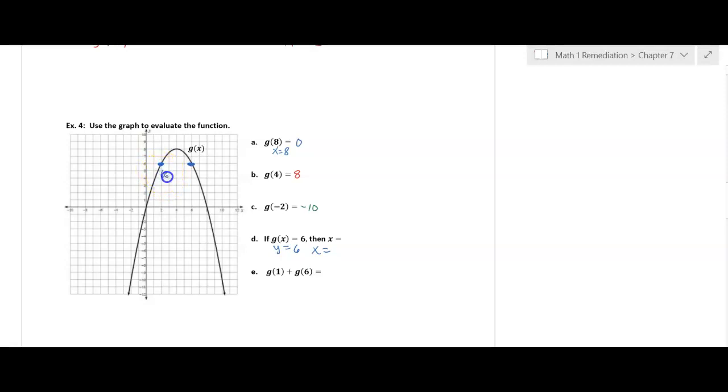If I write this ordered pair, that's 2, 6, and this ordered pair would be 6, 6. So right away, I know this x value and this x value give you an output of 6. So if g of x equals 6, then we know x is 2 and 6.